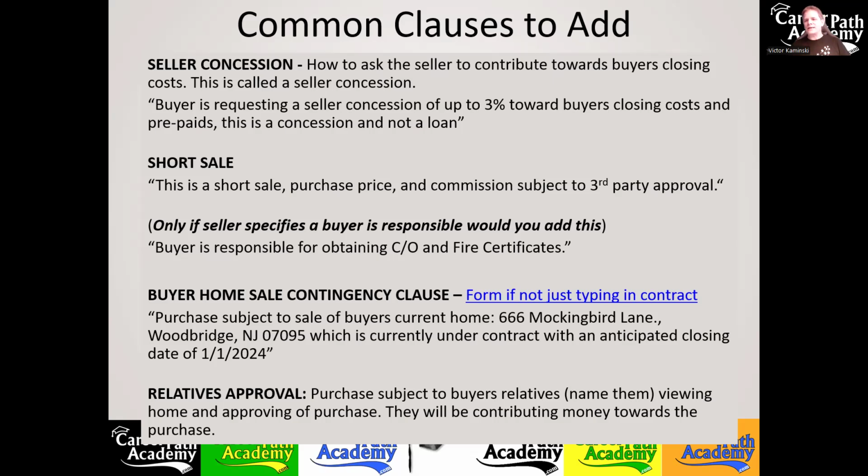Now, I put in a little crafty wording in there that may have slipped by you. It says, buyer's requesting a seller's concession of up to 3% towards buyer's closing costs and prepaids. What the heck is a prepaid? I've had this slip by attorneys even. I got them to sign the contract agreeing to this, and then they just ignore it. The prepaid is a detail.